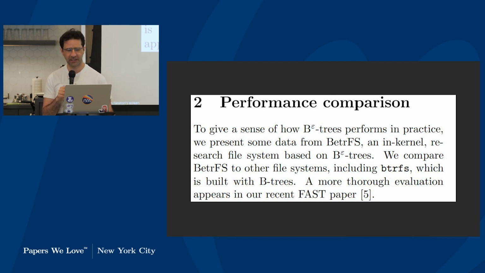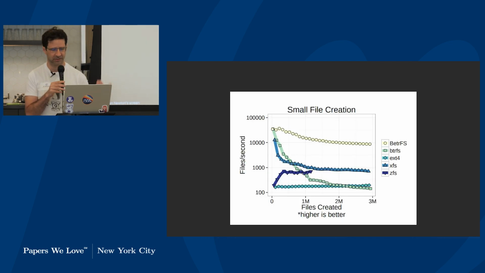So they have their file system and they compare it to other file systems including ButterFS, which is built with B trees. They do a quick sketch where they go through their sweet spot, small file creation.